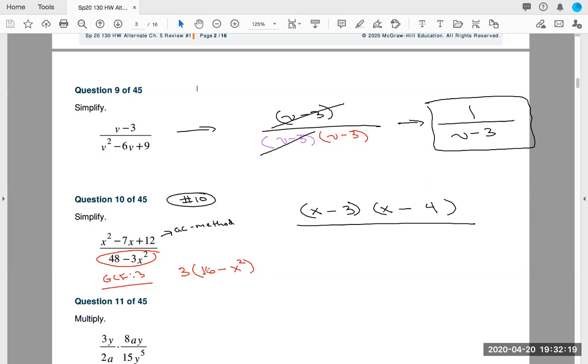Okay, and then this part here is actually going to take us to a different type of factoring method, difference of squares.